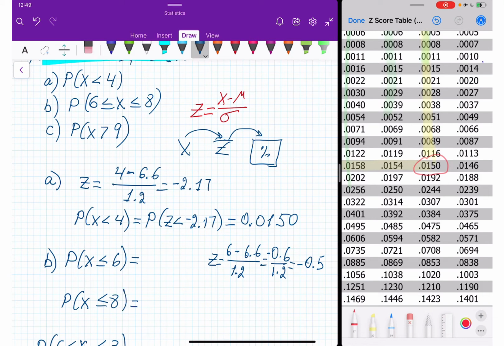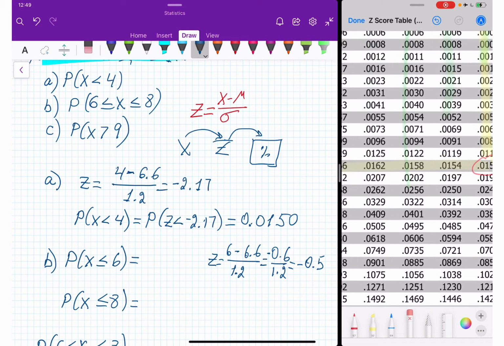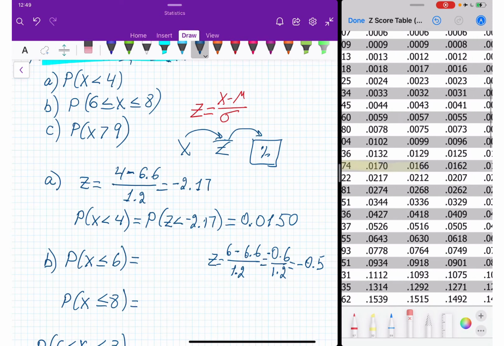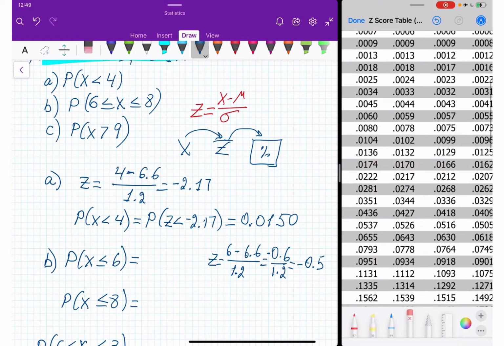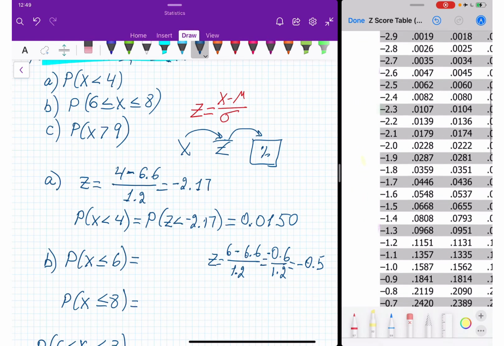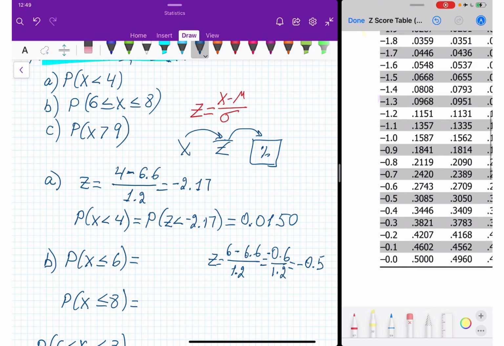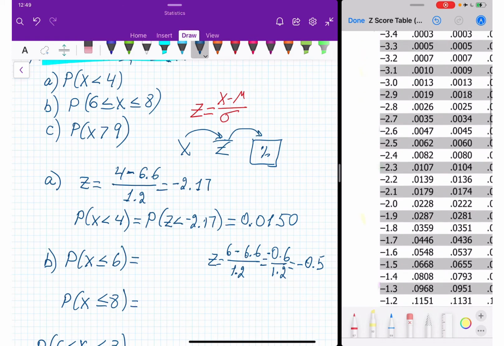So z-score negative 0.5. Let me clean this mess. Negative 0.5. There we go. Since it's only 0.5, that means we take the first number, which is here, 0.50, right?